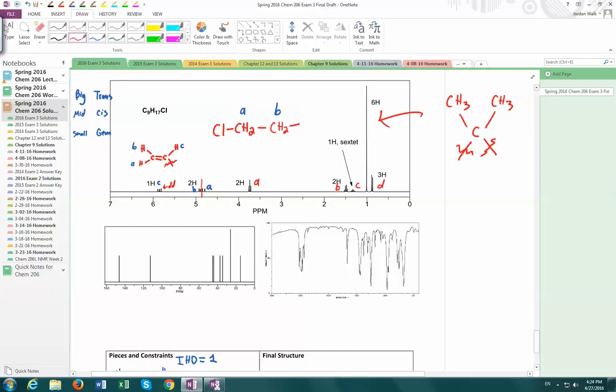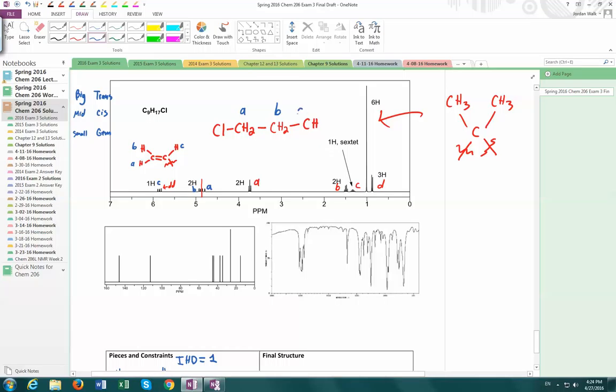So if that's peak B and it's split into a quartet, how many neighbors must it have? 3 total. Now we're already showing 2, so we're going to have to show one neighbor on the right side. So we'll make that a CH. And so what signal must that CH be? Again, that's got to be C, because that's the only signal that integrates to 1, right?